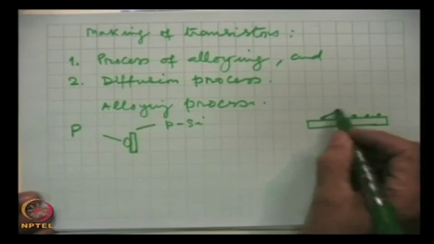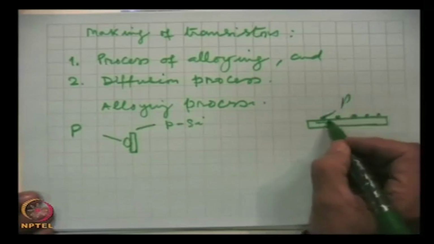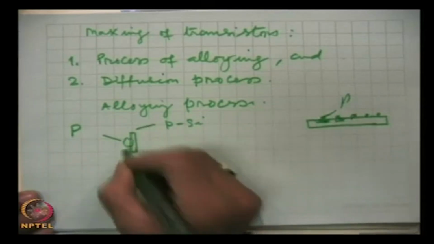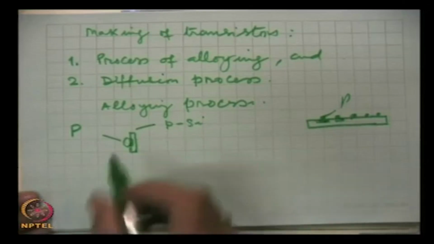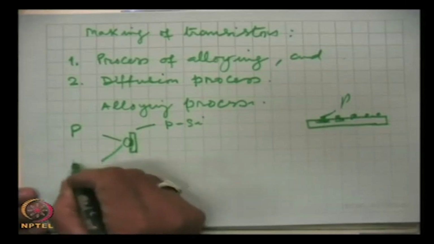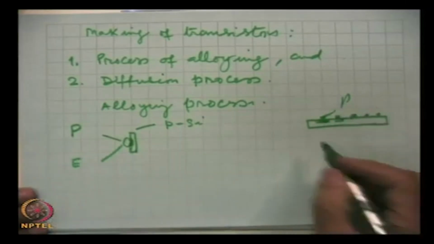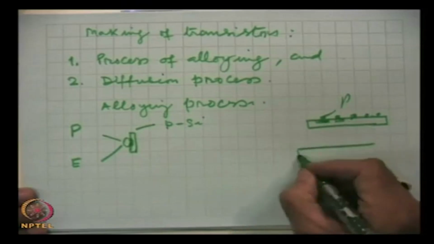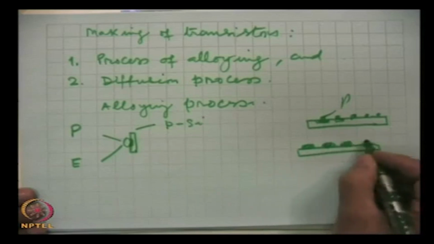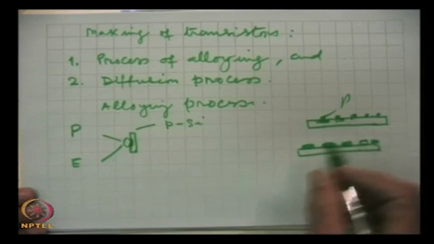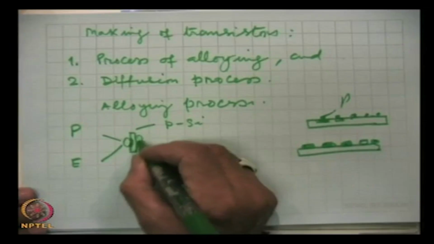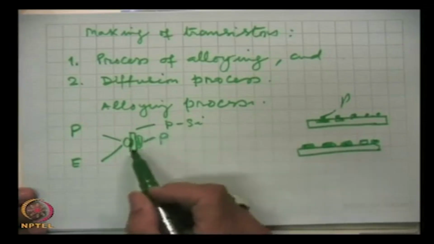So, this phosphorus impurity will diffuse and will make an N type region here. This will be the emitter, actually this will finally behave as the emitter, and when we reverse this side, then we put bigger pellets of phosphorus, and again we heat treat it. Here this is the larger pellet and this is again phosphorus, we heat treat it.